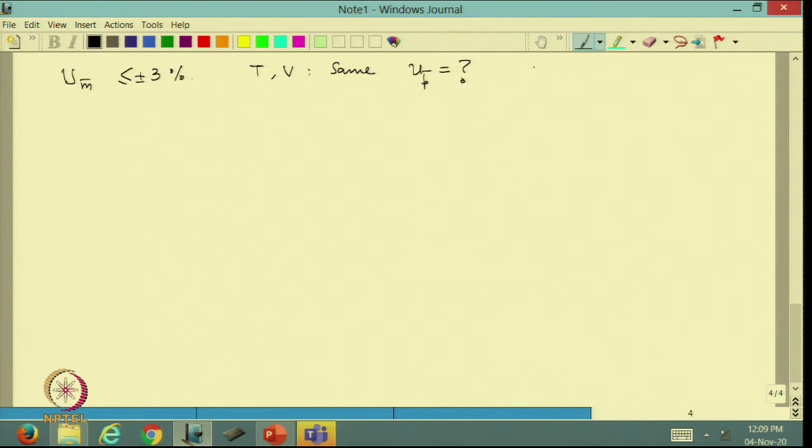So, we would be tempted to think that we can write, now I want to calculate P. So, P equal to MRT upon V. We look at this as a multiplicative formula.